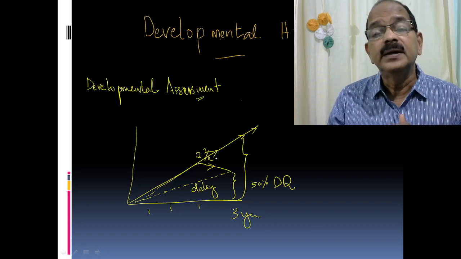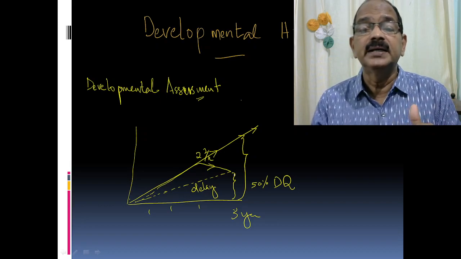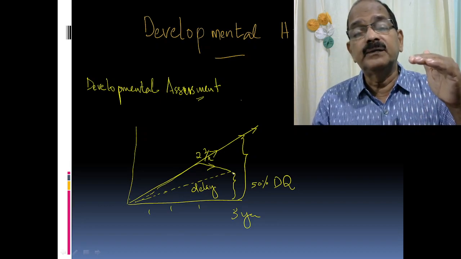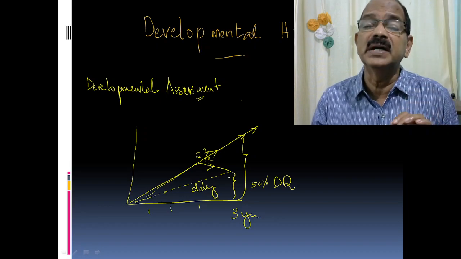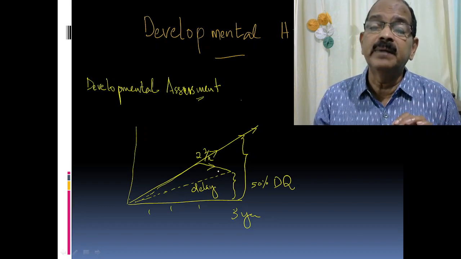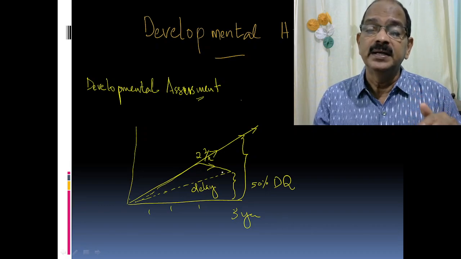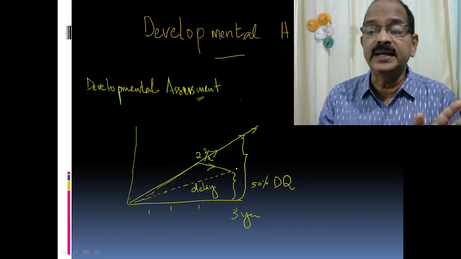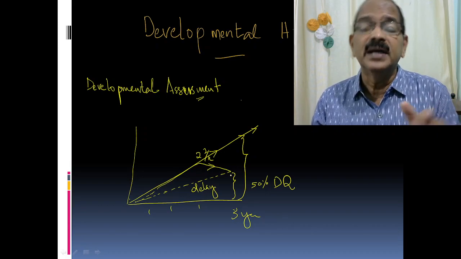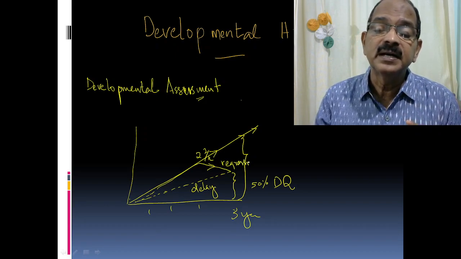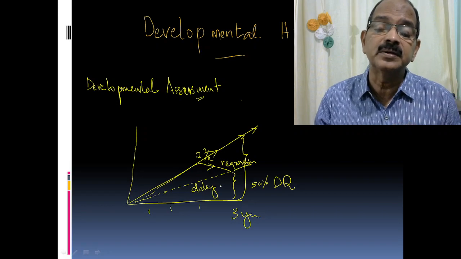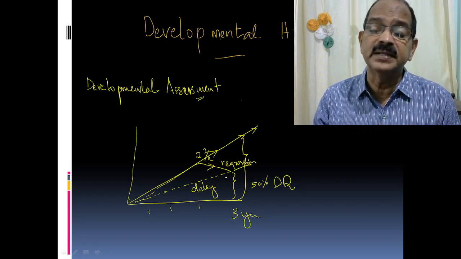Gradually his development became static, and few of the milestones which he achieved, he loses. One by one, he was running, the running was lost, he was standing, and he was not able to stand. That is regression of the milestones. So one is a delay, one is a regression.